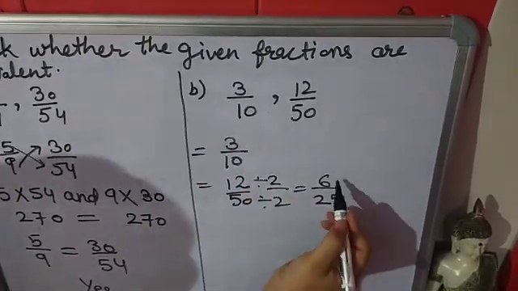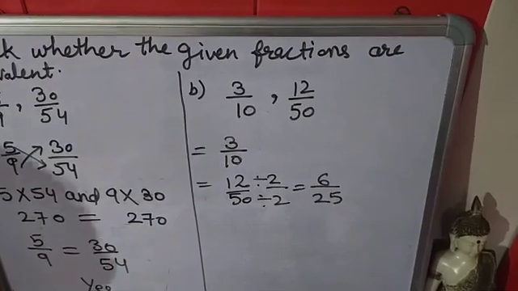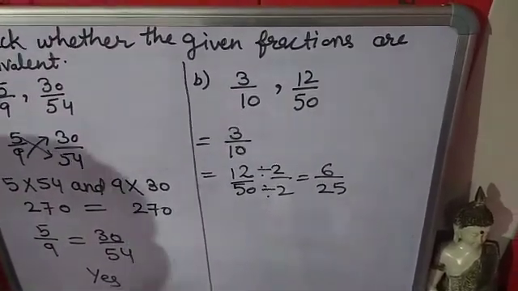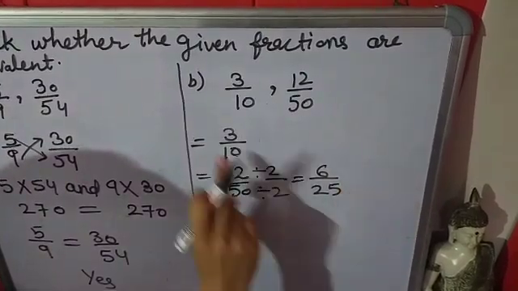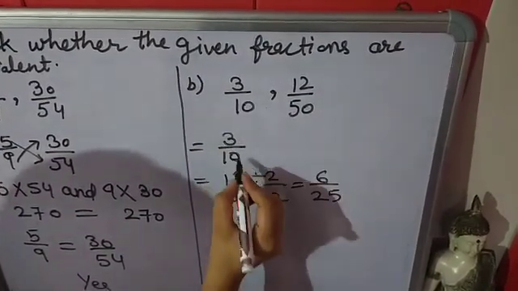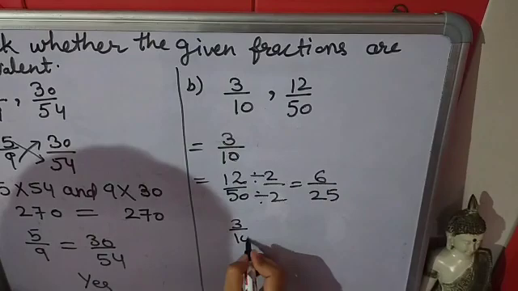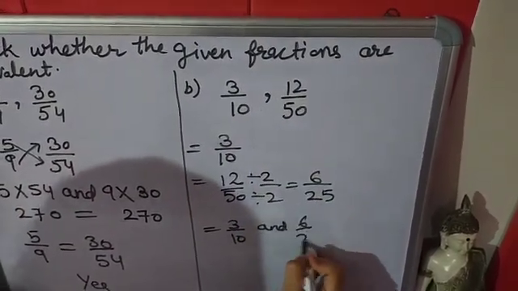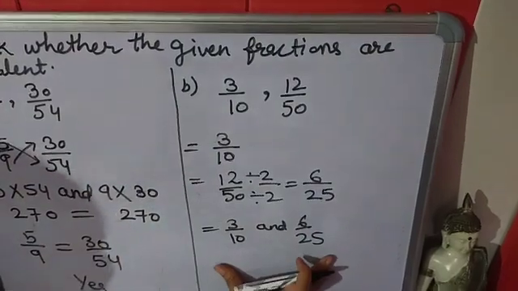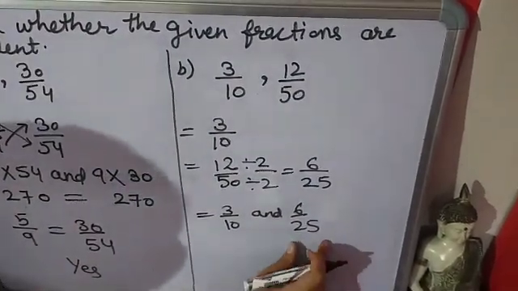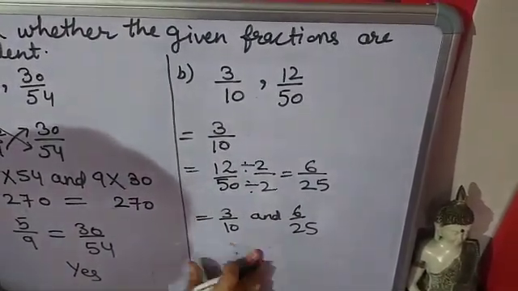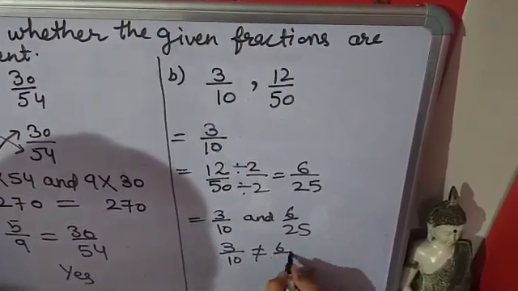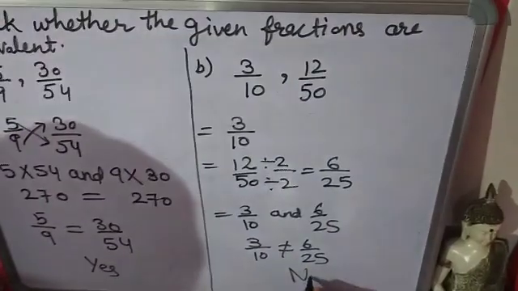Now we will check again that 6 upon 25, both numbers are divisible together in any table. No, it is not. So it is in simplest form. So this is 3 upon 10 and here is 6 upon 25. Both are in simplest form but both are not equal. It means they are not equivalent fractions.